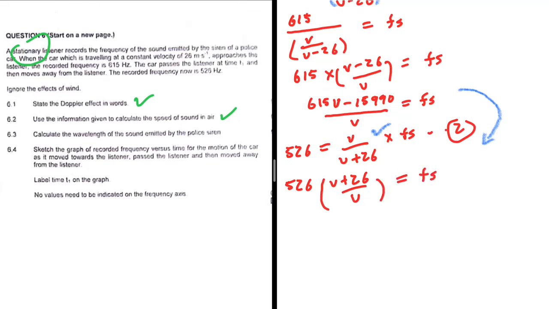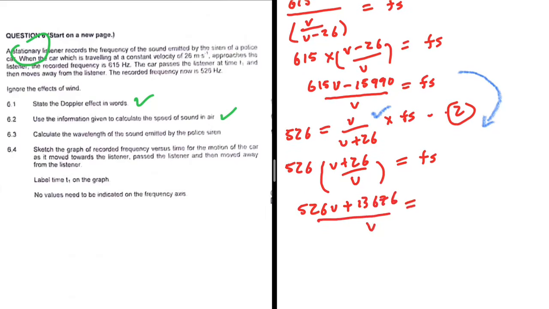Obviously, let's multiply out before we substitute Fs. So 526 multiplied by V is 526V, and then plus 26 multiplied by 526, that is 13,676, everything divided by V. This is equal to Fs.